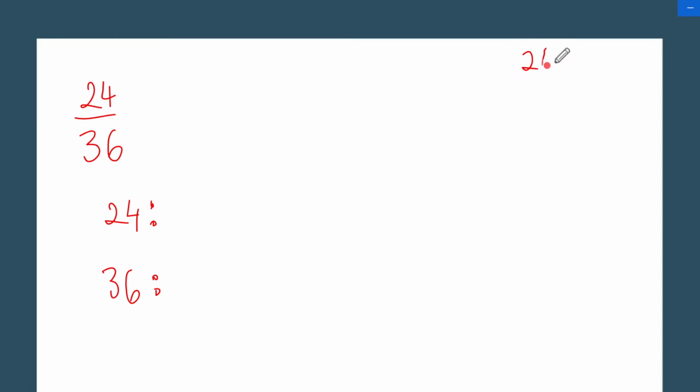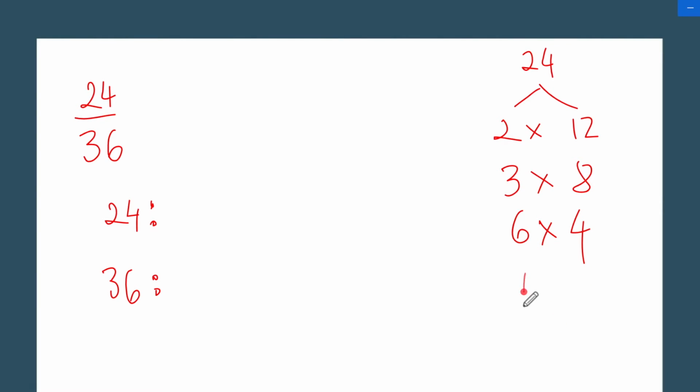Basically, what you need to do is choose the factors of 24. What are those? 2 times 12, 3 times 8, 6 times 4, 1 times 24. All of those numbers will give you 24 if you times them, and they come in pairs.